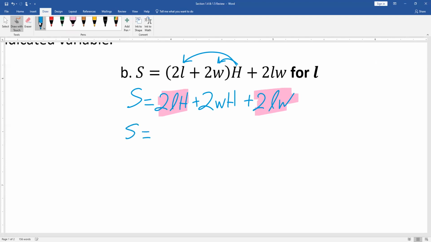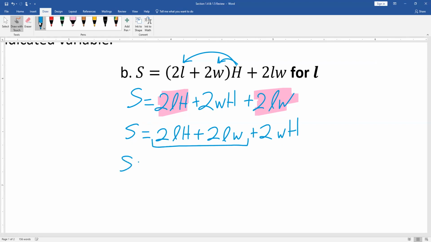You can use the commutative property of addition to put that L term together. So I'm going to move this so it's 2LH plus 2LW plus 2WH, because I don't really need to fold that WH right now. All right, so within these two, I can then extract the variable L using a kind of reverse distributive property.